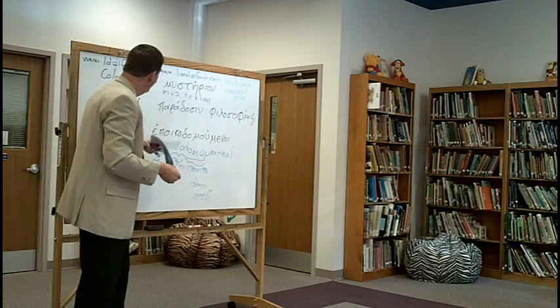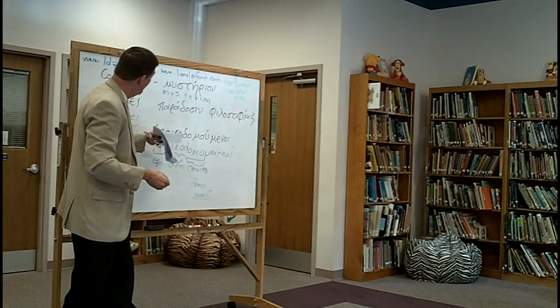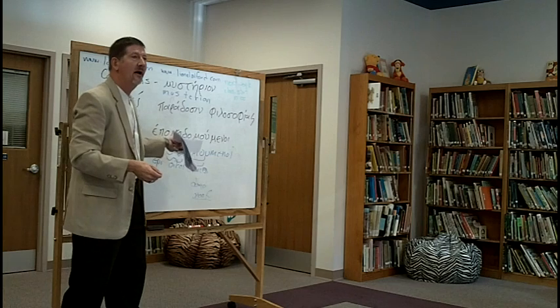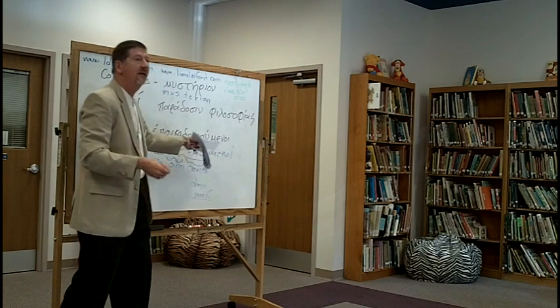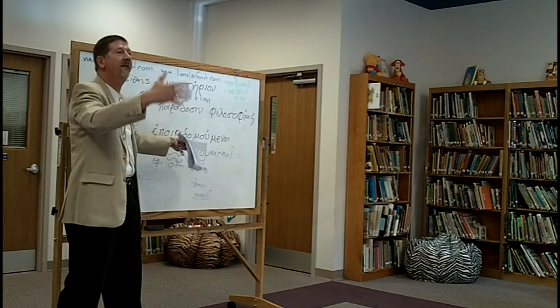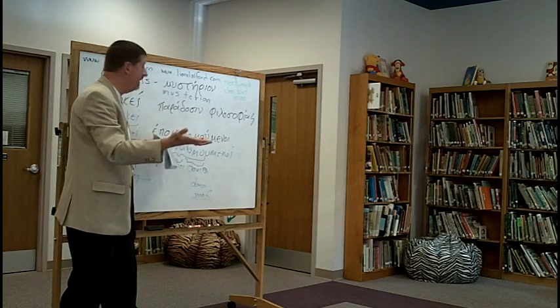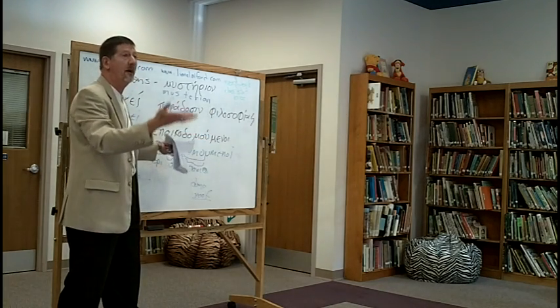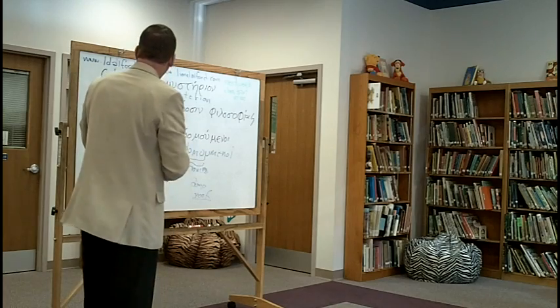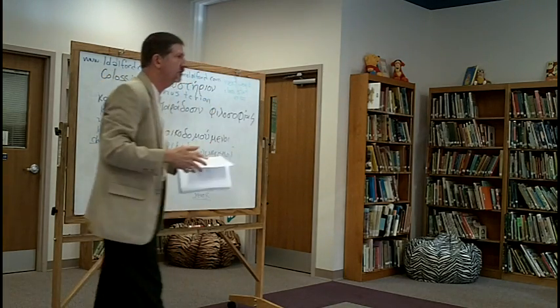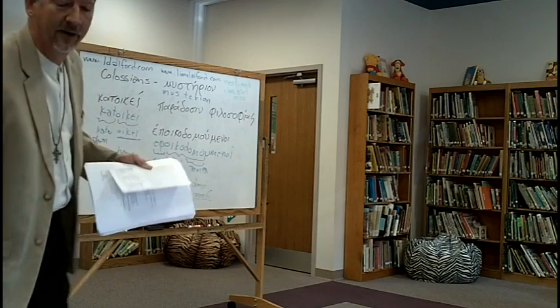So oikodomo means a physical place where a family dwells, and epi is to build it up. And we'll see this word in there. Foundation? Not so much foundation as to actually build the structure. To build a place for a family.